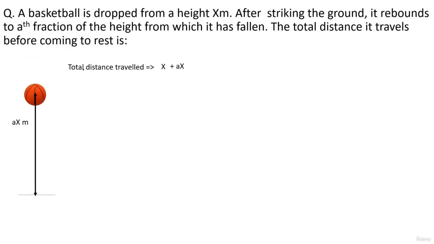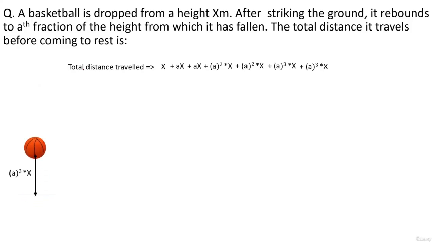So it basically rose to a into x, right? It will again basically fall by a into x. It will again rise to a of ax, which is a square into x, right guys? And it will again fall by the same distance, a into ax, which is a square x, right? उसके बाद आगे बढ़ते हैं हम लोग. Again same thing, a fraction, again a fraction. And guys, you observe that this will basically continue infinitely, right?